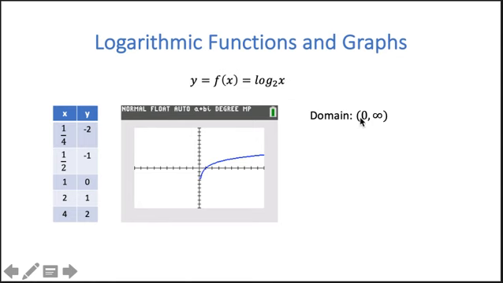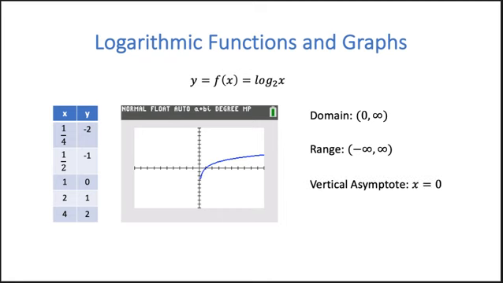So the domain goes from 0 to infinity. And doesn't that make sense? Because that's the range of the exponential function. And the range of this function is all real numbers. Y can be anything. And instead of a horizontal asymptote, we have a vertical asymptote, and that's at x equals 0.